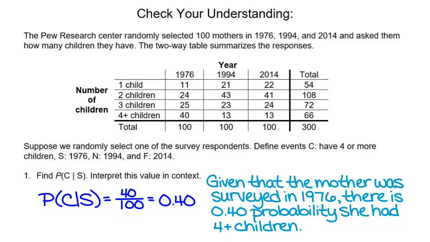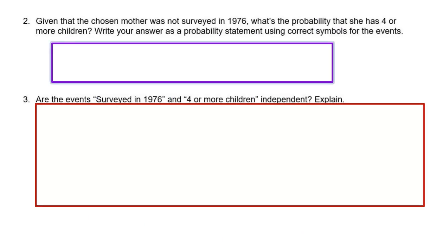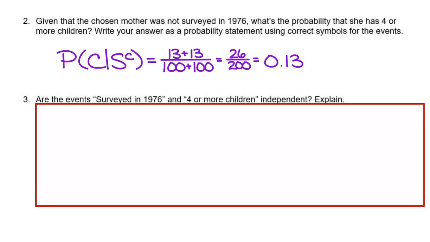All right, number 2. Given that the mother chosen was not surveyed in 1976, what's the probability that she has 4 or more children? 13%. Because we're looking specifically at the other 2 years that surveys were done, which are mutually exclusive, so we can add things together, and we don't have to worry about subtracting out an overlap, because there is no overlap between these years.